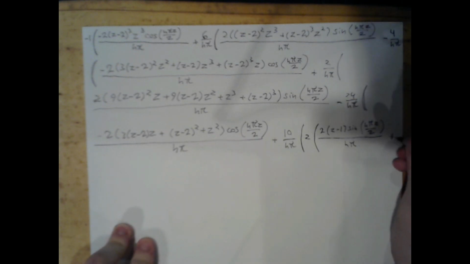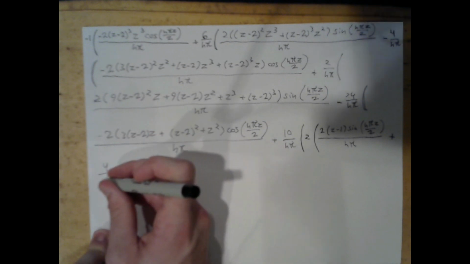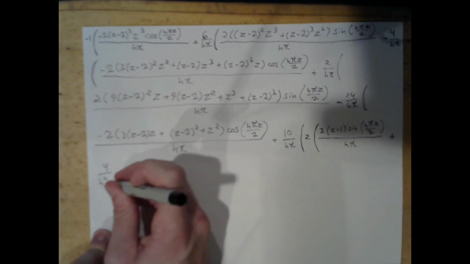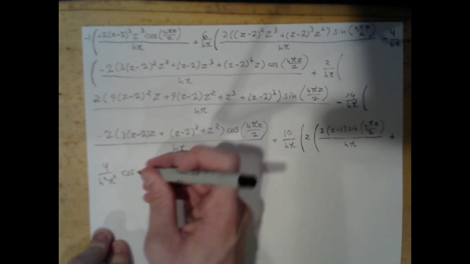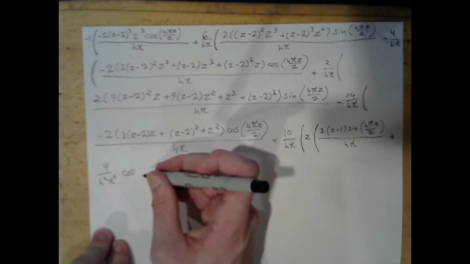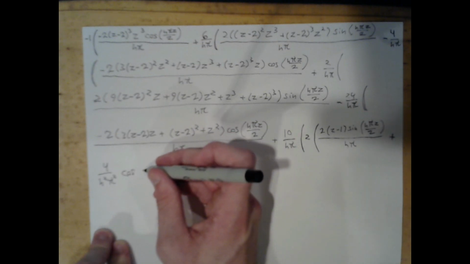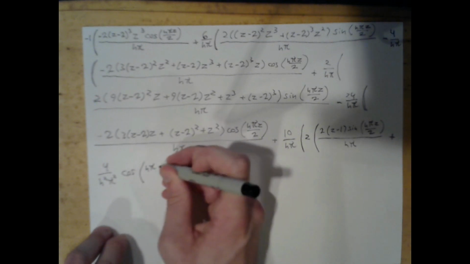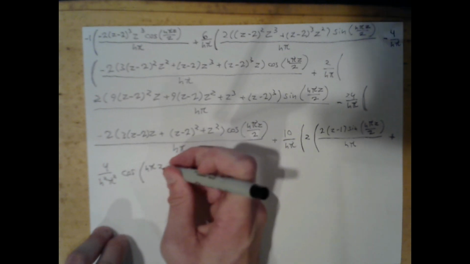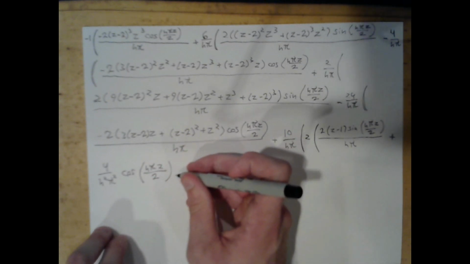So it is a plus 4 over h squared pi squared times cosine h pi z over 2.